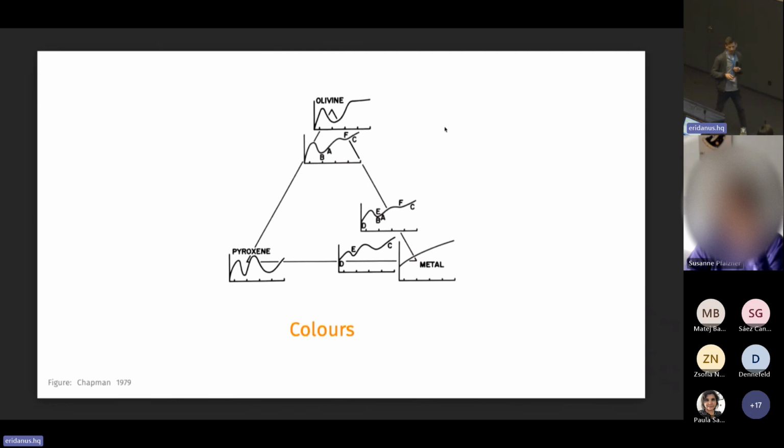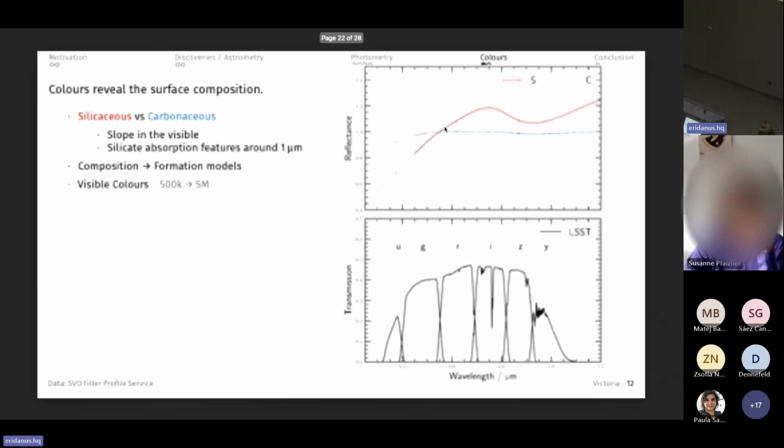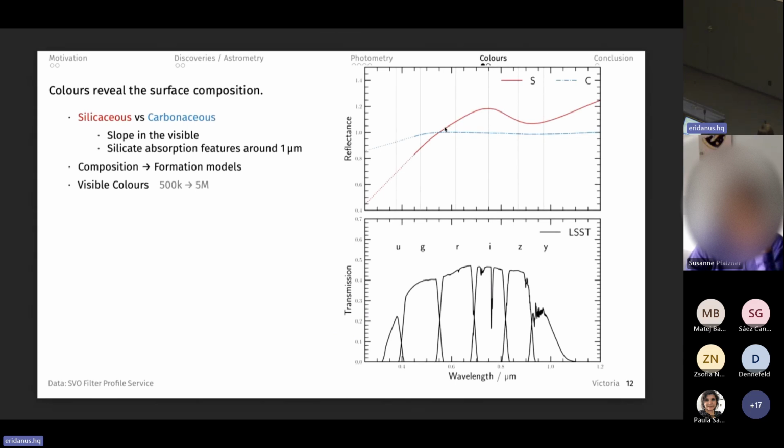Colors. Colors are the science product that I am the most excited about for LSST because I study the composition of asteroids and, well, colors reveal the surface composition. When we're looking at the visible, here we have the filter transmission curves of LSST, and then here I'm showing two typical spectra of classes of asteroids.